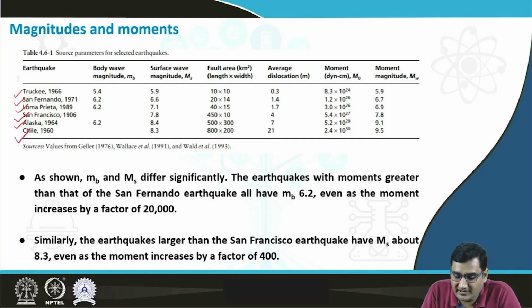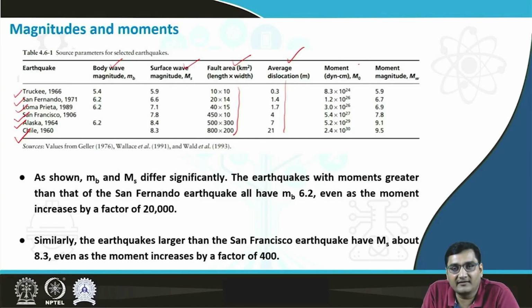Their associated body wave magnitudes are given in the second column, and their surface wave magnitudes in the third column. The rupture area is given in this column, the slip in this column, and the moment released by these earthquakes in this column.